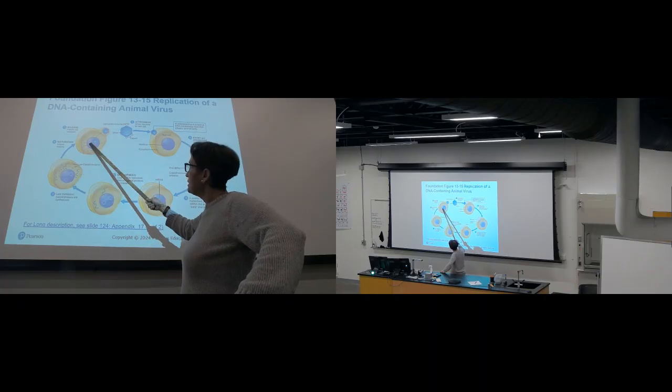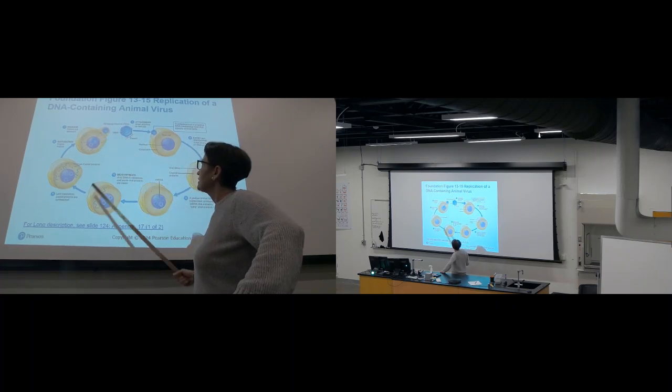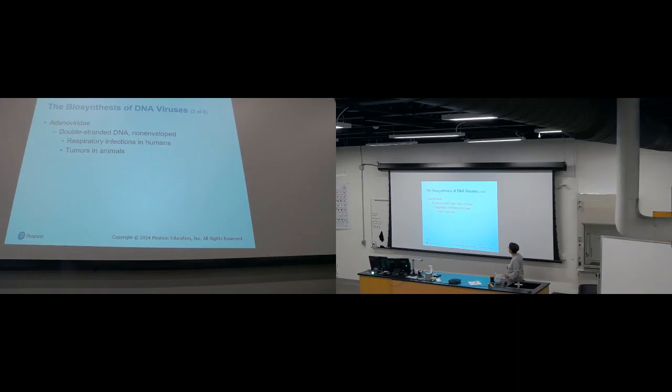So you bring these capsid proteins into the nucleus, and then you form this virion, and then this virion will be released. So that's the life cycle of this DNA virus.